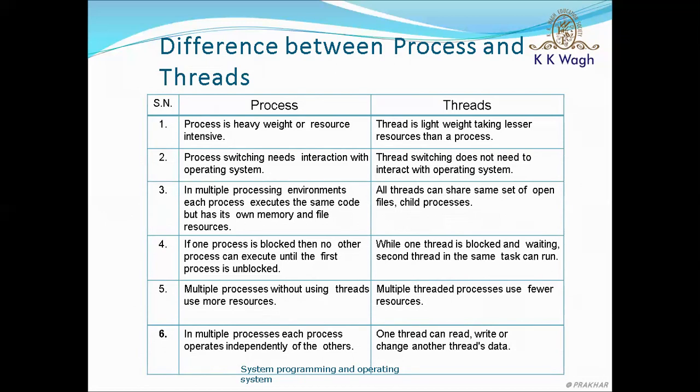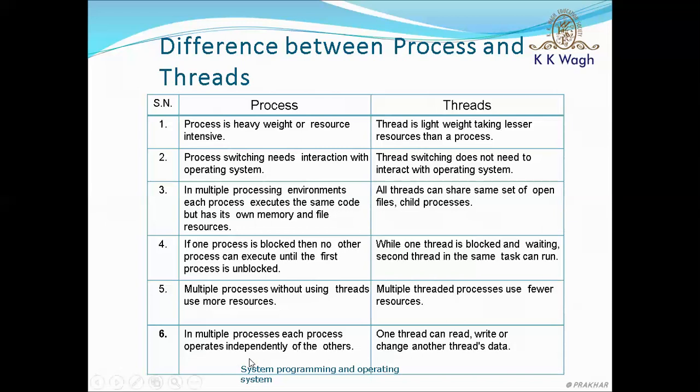In the case of a process, if one process is blocked, then no other process can execute until the first process is unblocked. In the case of threads, while one thread is blocked and waiting, a second thread in the same task can run. Multiple processes without using threads use more resources, while multiple threaded processes use fewer resources.